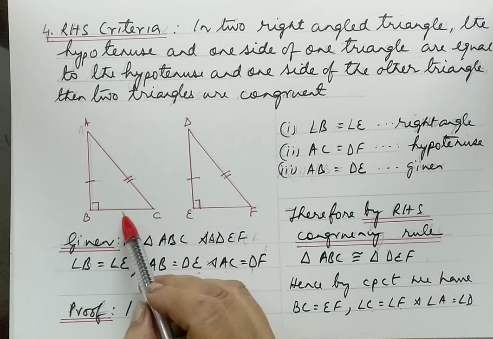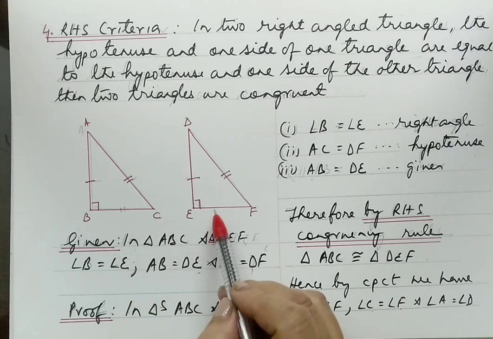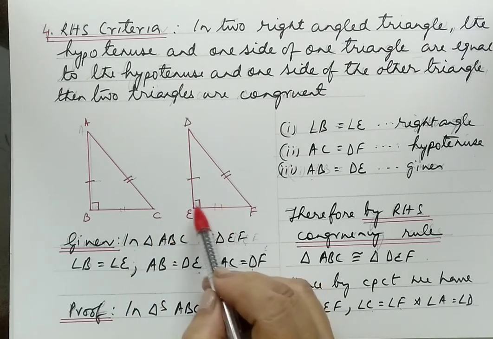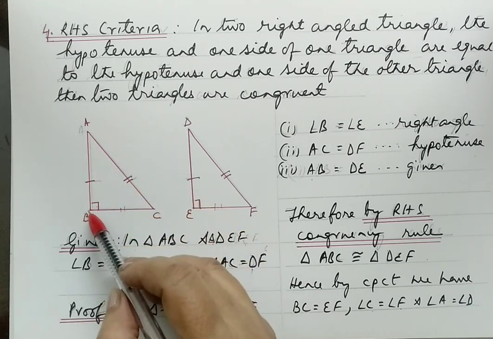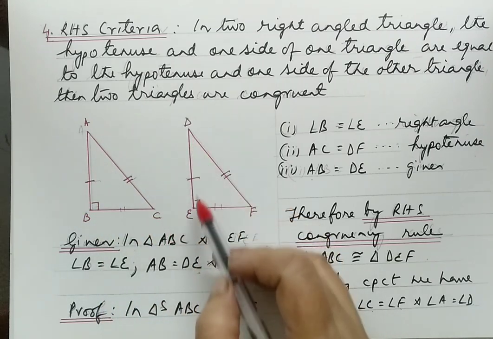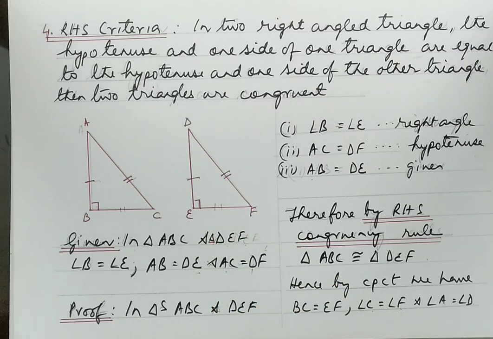So supposing this was equal to this, and there is a 90 degrees here, you would then call it side, angle, side. So do not make that mistake. You have to be very cautious.